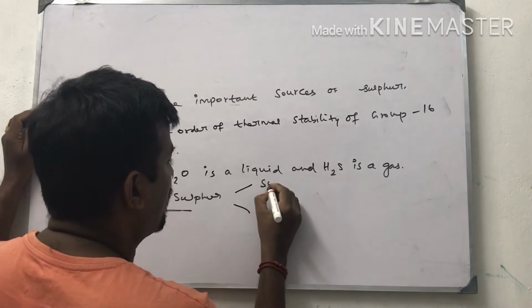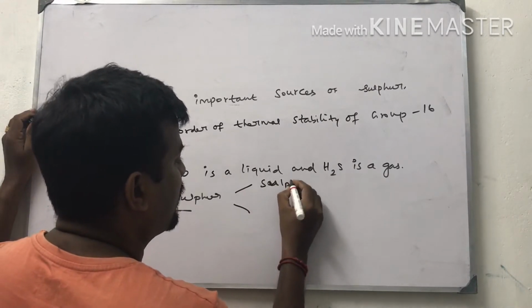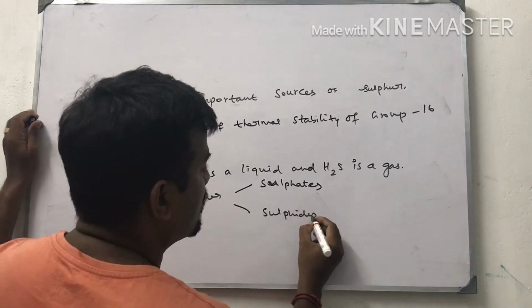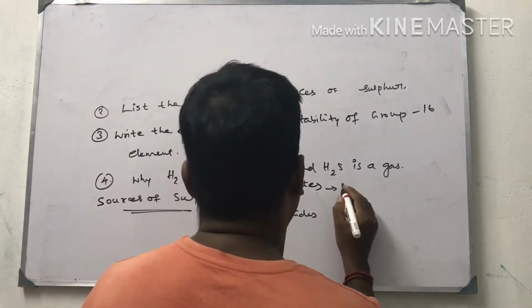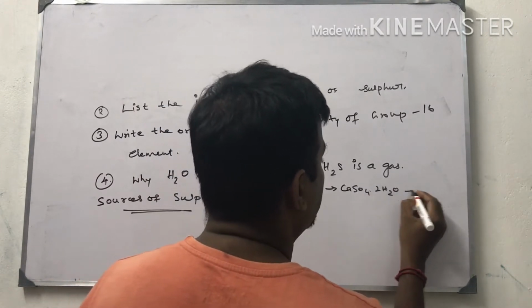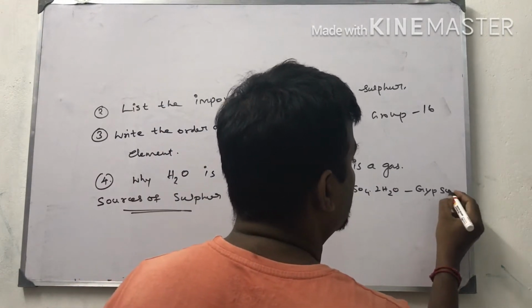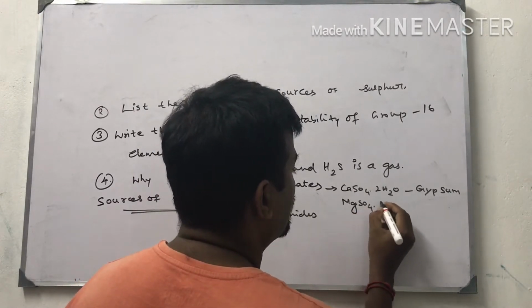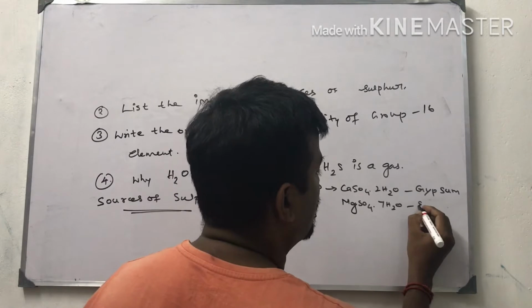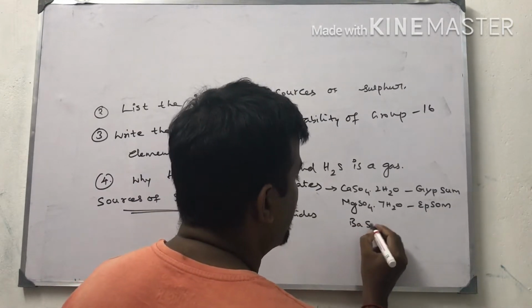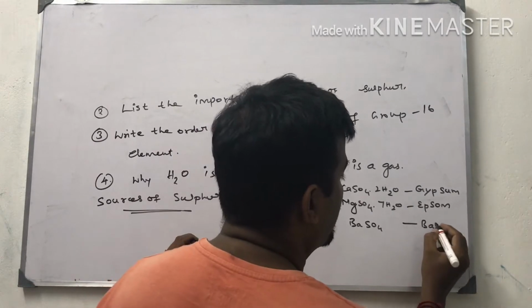Sulfur exists in the form of sulfate and sulfide. Two forms. For sulfate, for example, calcium sulfate 2H2O is called gypsum. Then magnesium sulfate 7H2O is called Epsom salt. Barium sulfate is called baryte.